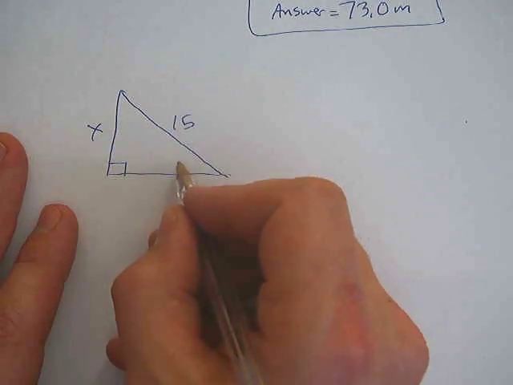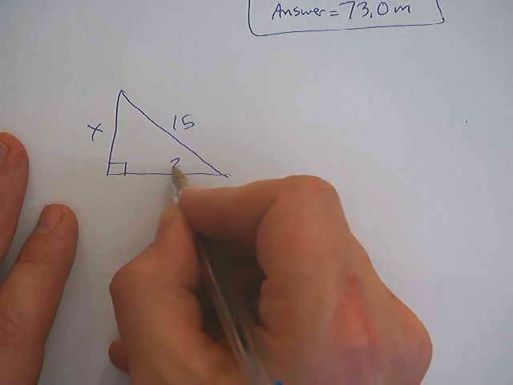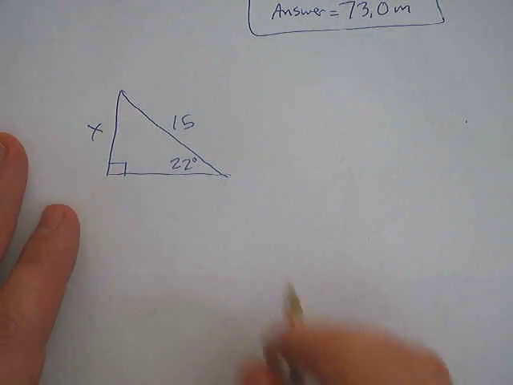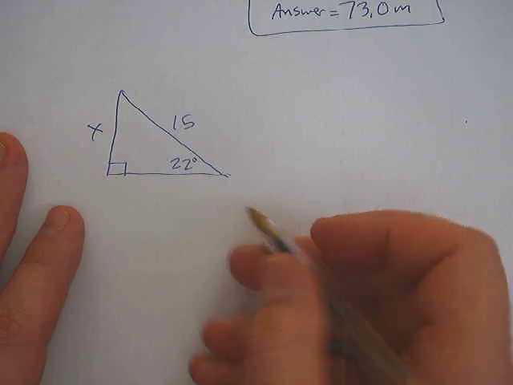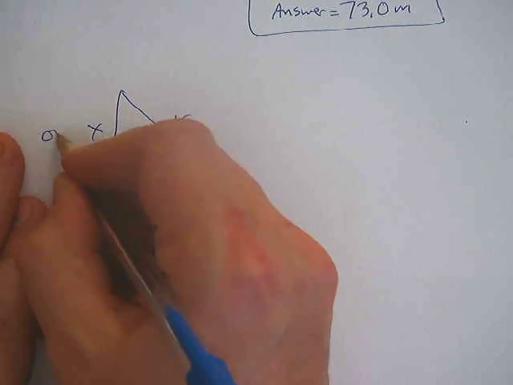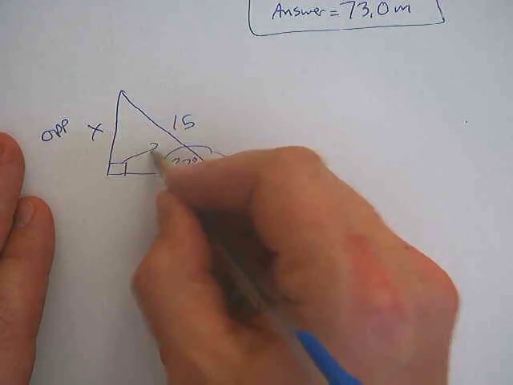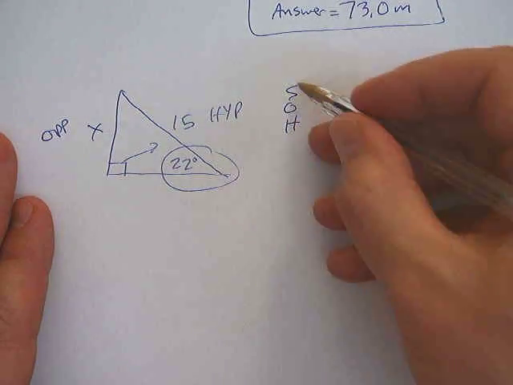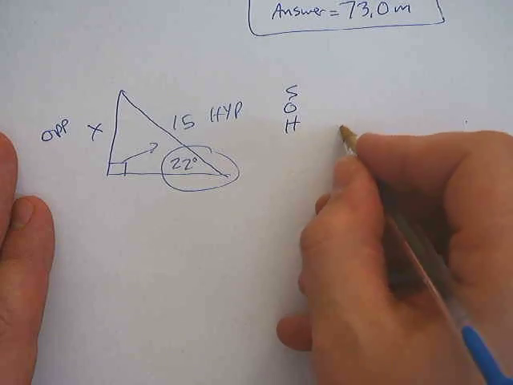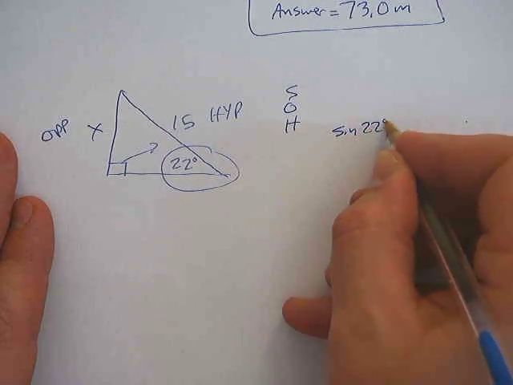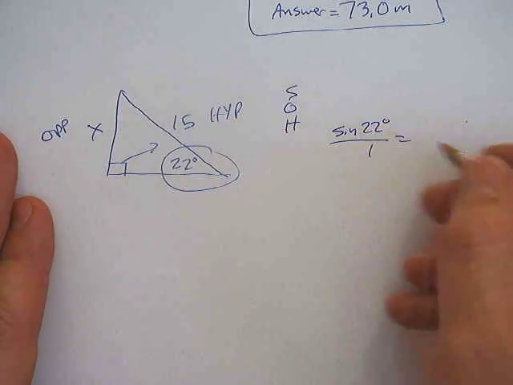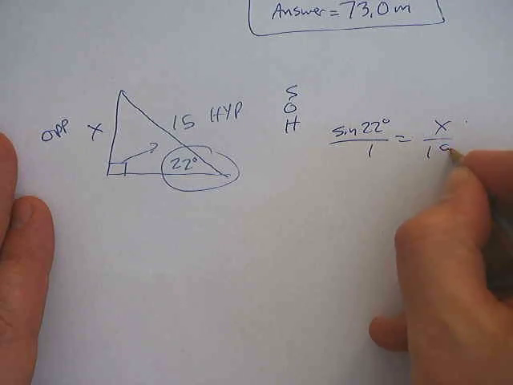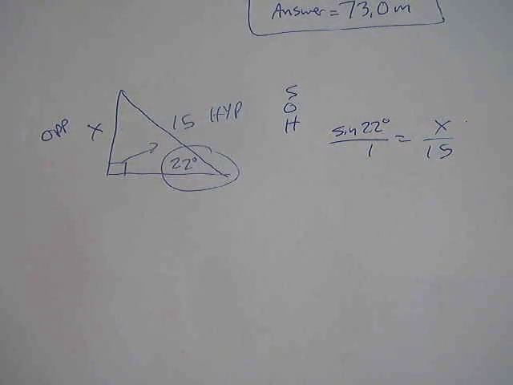Okay. All right, now let's try something like this. What if this was x, this was 15, and this was 22 degrees, and I want to figure out what x is? Well, this is the opposite. This is the hypotenuse. So that means we're going to use sine. So I take sine of 22 over 1 equals opposite over hypotenuse, x over 15.